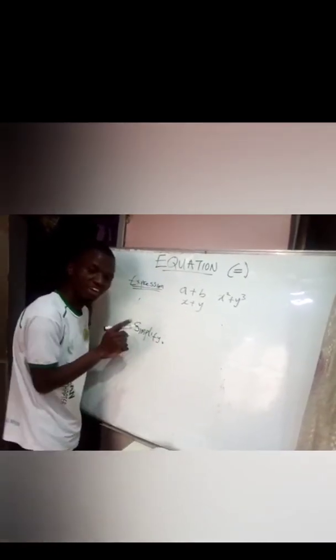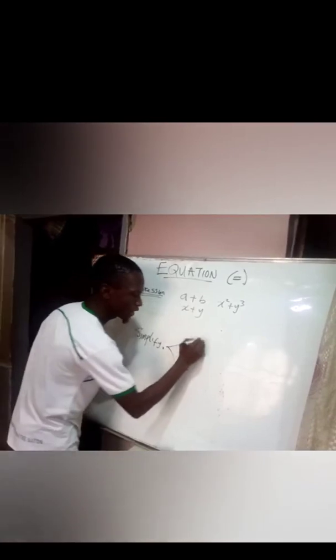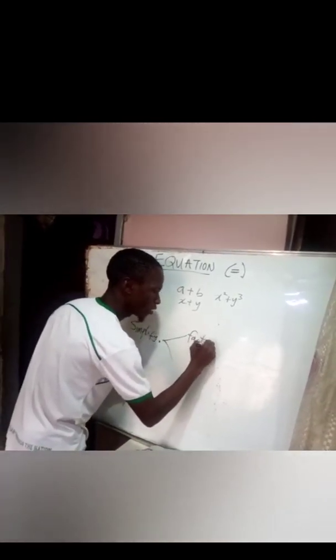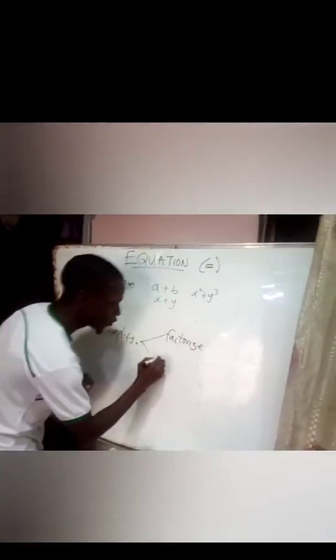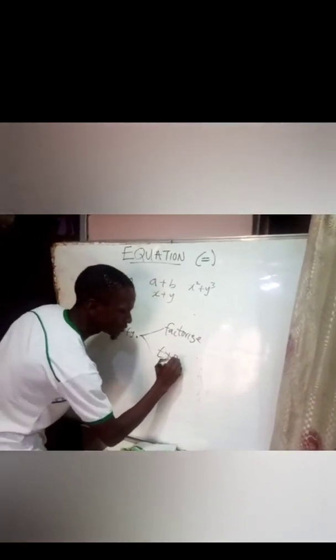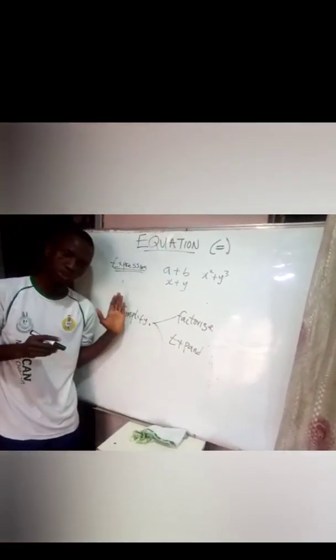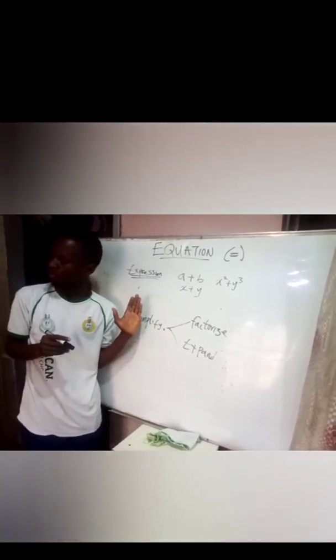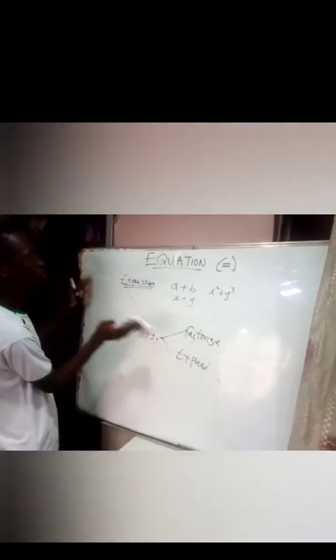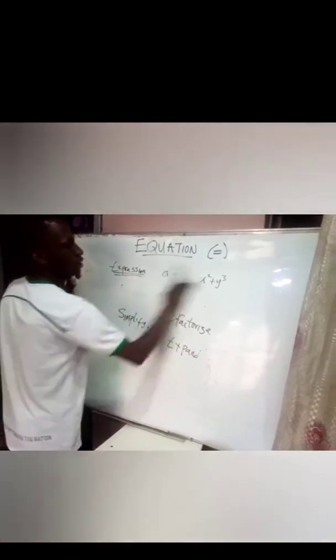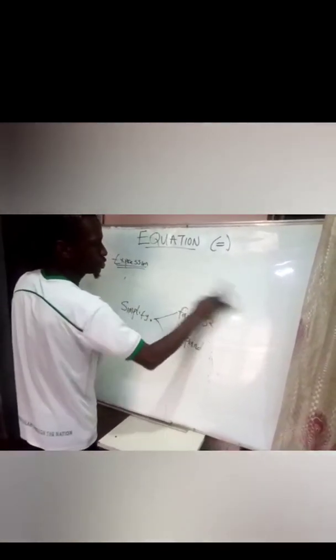To simplify an expression, you can either factorize or what? Expand. We are talking of expression now. Do you understand? Probably we should do expression then. Let's do expression instead of equation that we planned today.